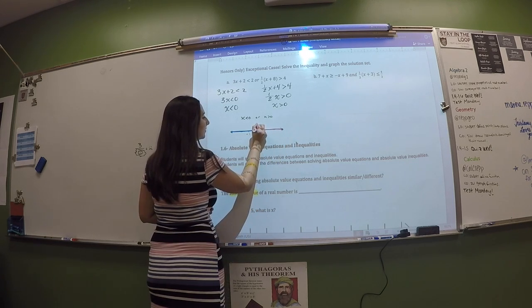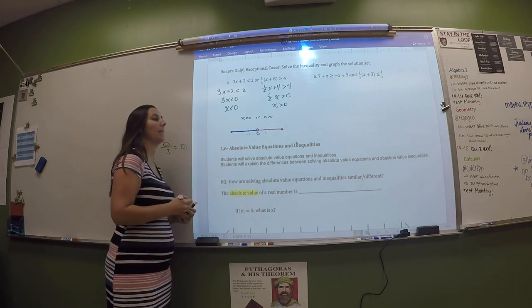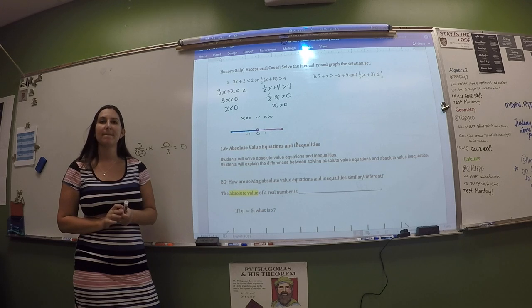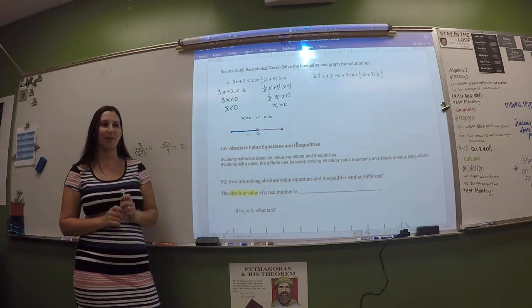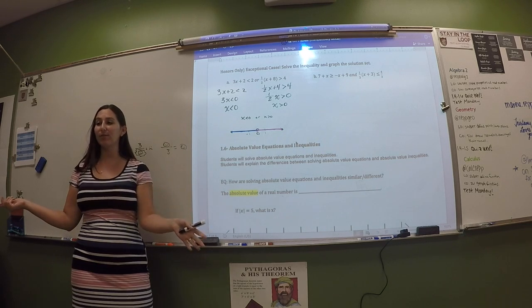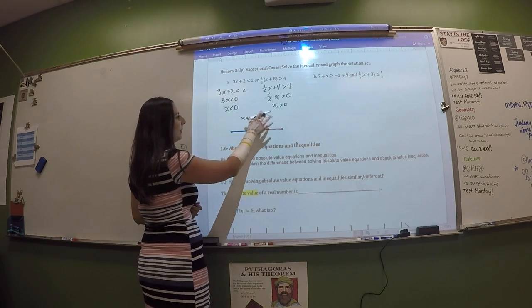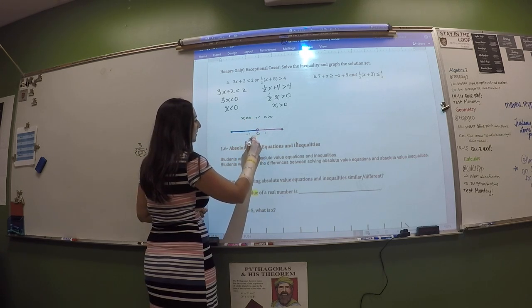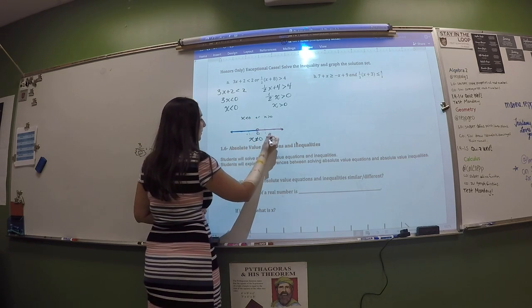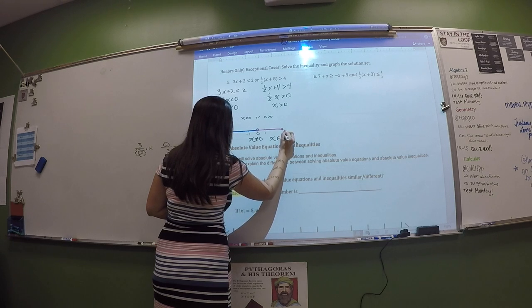Not including 0. So it would just be the entire number line except for 0. Whoa. So it's everything over here or everything over here. So it actually winds up being the entire number line except 0. So instead of writing all of this, you're going to write x cannot equal 0. And x is all real numbers.